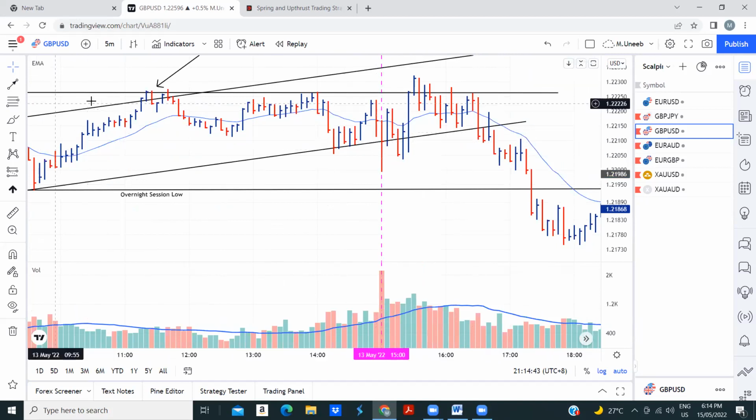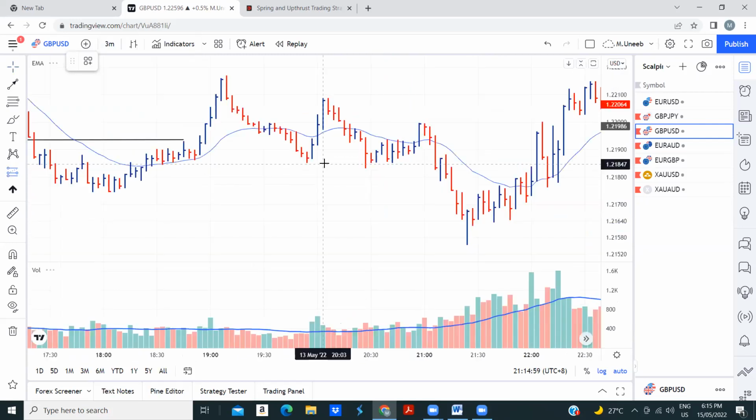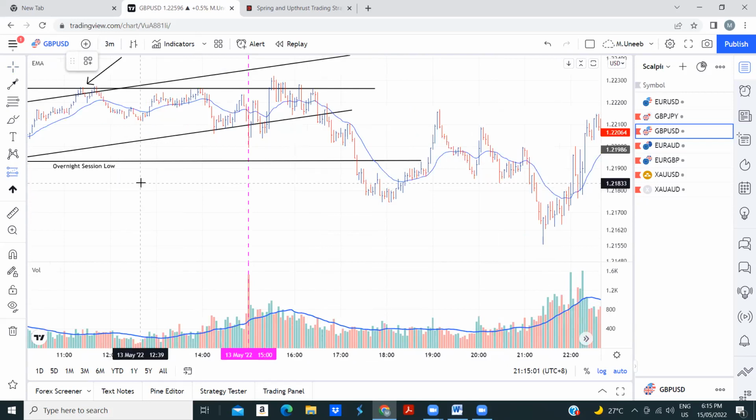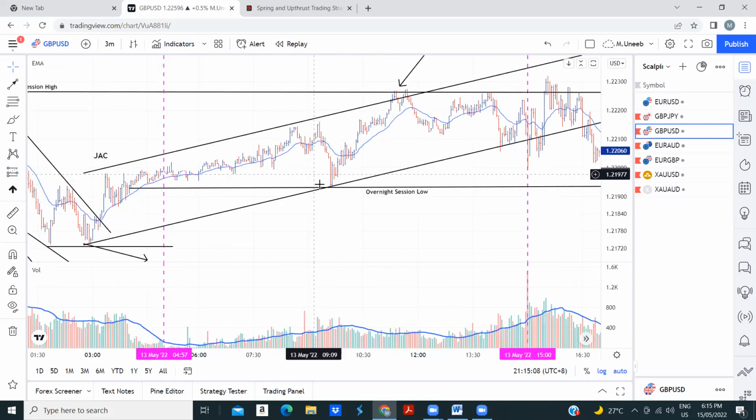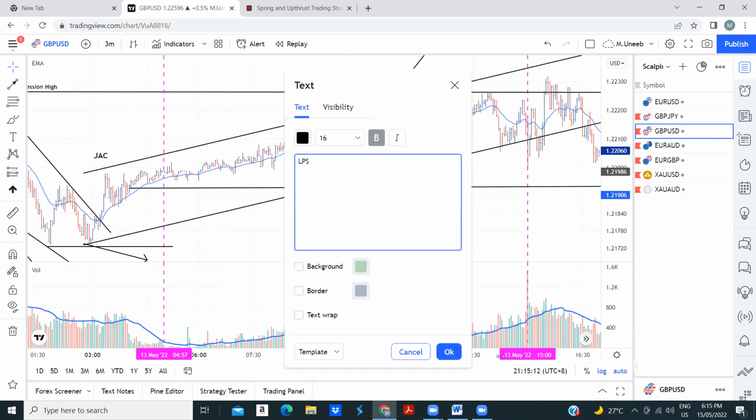We already know this is the point where OB and BC is observed. So we have to exit our trade right over there if you enter it. But anyhow, what do we do? We go to the 3-minute chart, define an entry. Do I need to mark this matrix or you can mark by yourself? If this is JAC, what is this? LPS, right?